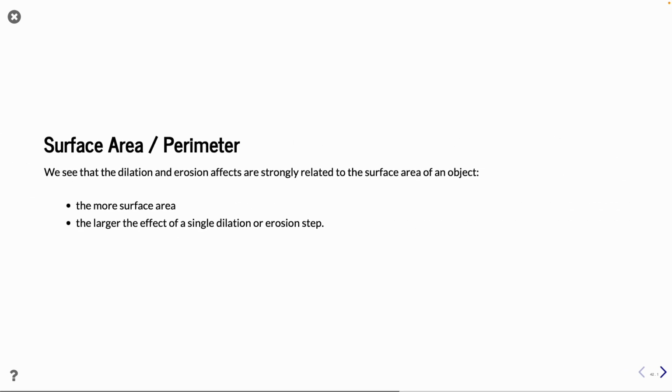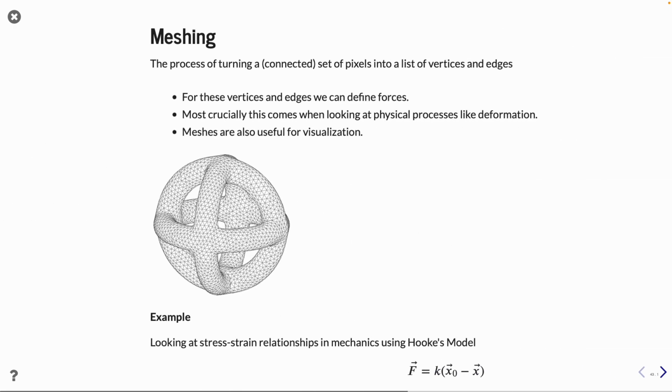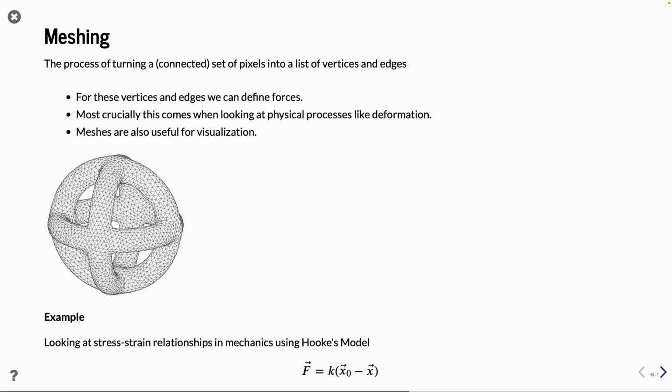And then we can also find some interfaces and surfaces between the objects. Surface area is one thing, perimeter, and then we can look at meshes on how the different objects are organized. These meshes are very often used as a part of the visualization. So if you hear about something called isosurface rendering, in computer graphics they usually need these meshes.